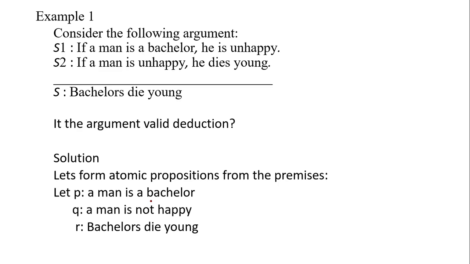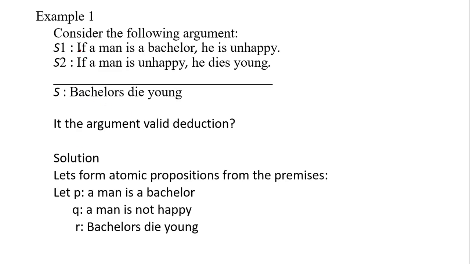Q: a man is unhappy. Then we have R: bachelors die young. Having gotten these atomic propositions, we can now link them to what we have here and see if we get the conclusion in that manner.